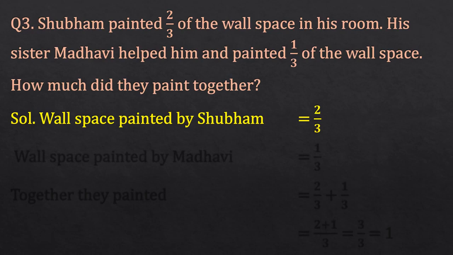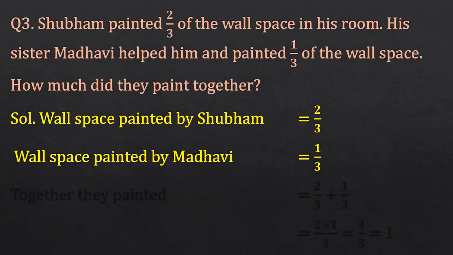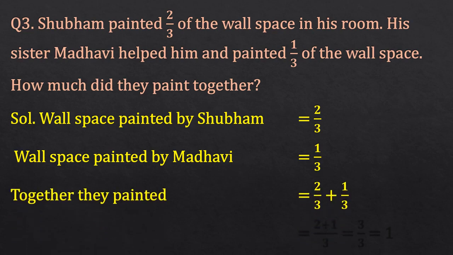Okay, how much wall Shubham painted? 2 upon 3. Wall space painted by Shubham, 2 upon 3. Wall space painted by Madhvi, 1 upon 3. How much did they paint together? Together means both collectively. That means we have to add. So 2 upon 3 plus 1 upon 3, it is 3 upon 3, which is equal to 1.